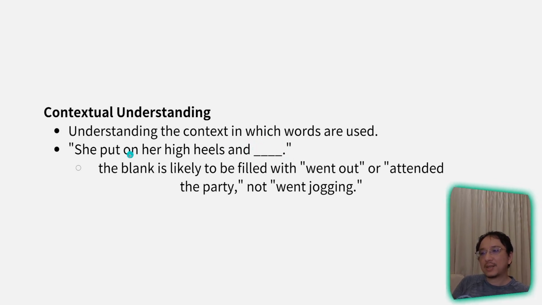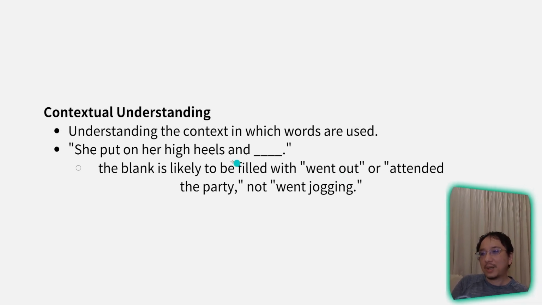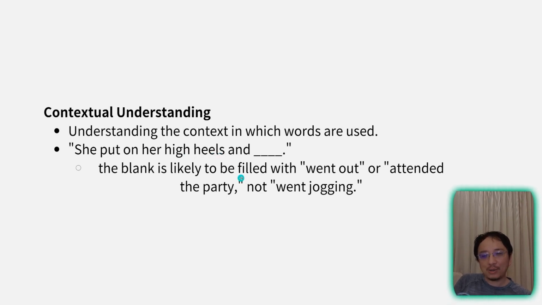The blank is likely to be filled with something like went out or attended the party, but not went jogging. Although all these options are grammatically correct, because she's putting on her high heels, we know that she is unlikely to go jogging.